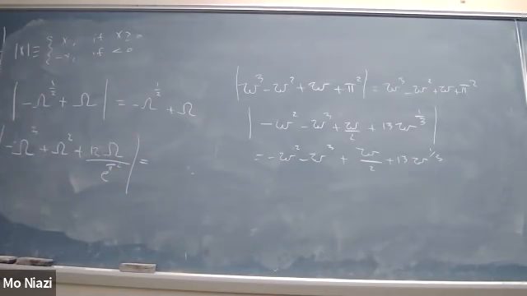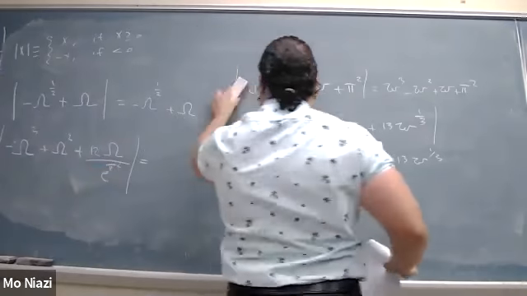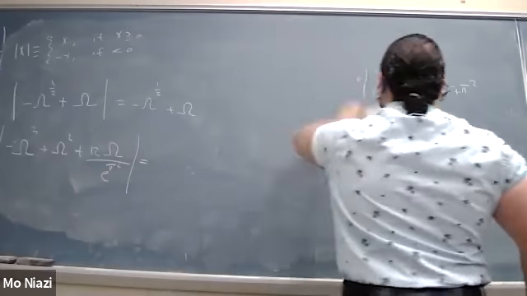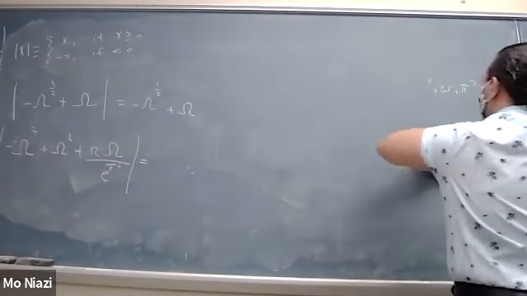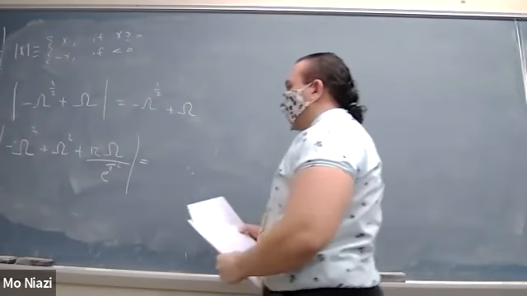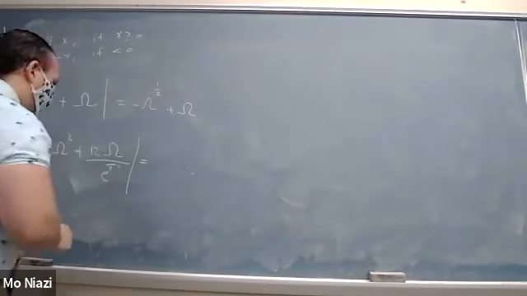When they flip now, because capital omega to the third is the highest power and it ends up negative, you would have to multiply everything by negative.